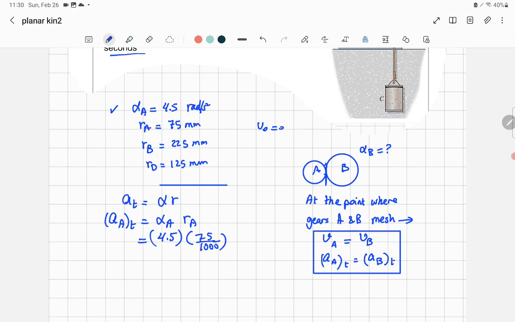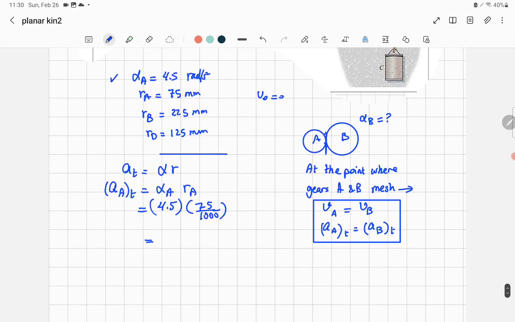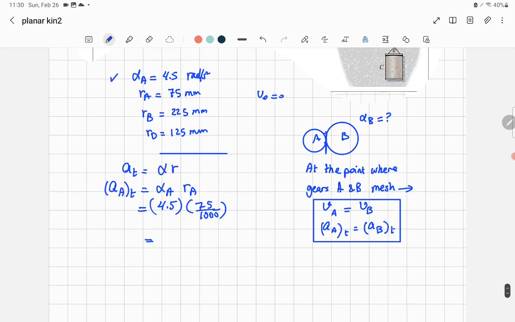Don't forget that. So I get the acceleration, which is the tangential component. All right, so I'll just leave it like that. I know that B tangential should be equal to A tangential. So it's equal to whatever I have here at the top, 4.5.